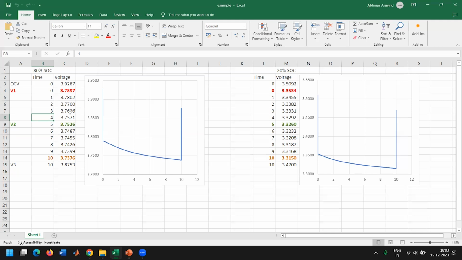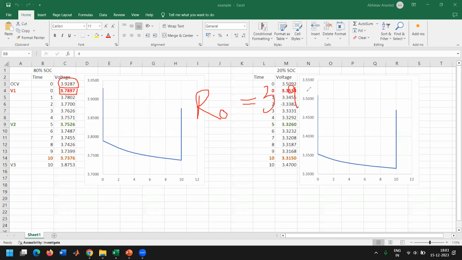The first portion, the ohmic resistance, termed R naught, will be given as the difference between the first value, called OCV, and the second value, highlighted here in red. So just take the difference between them.